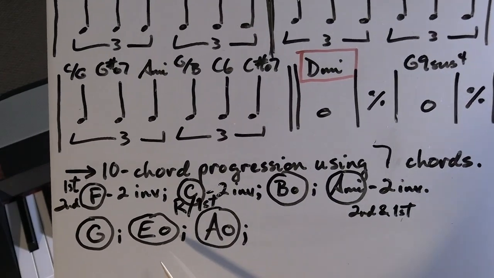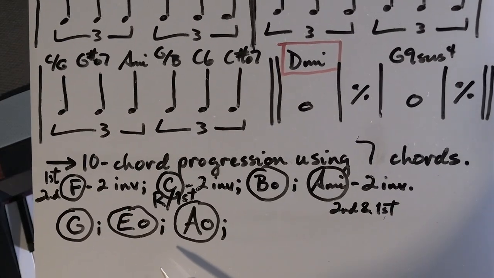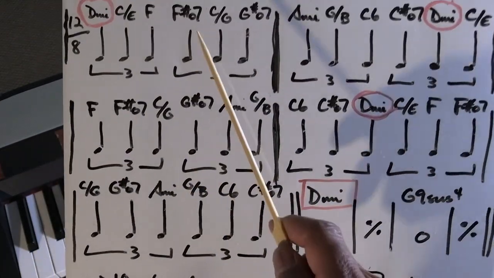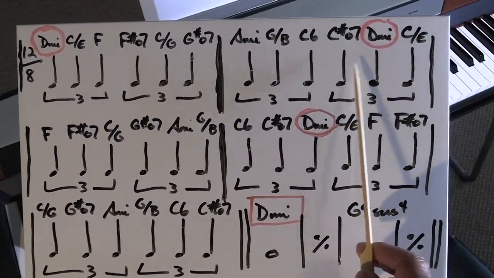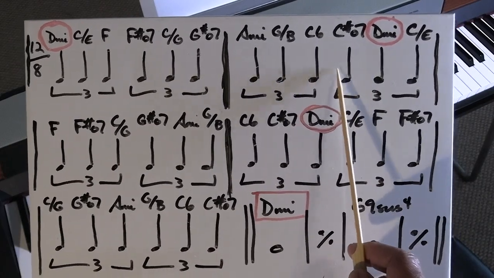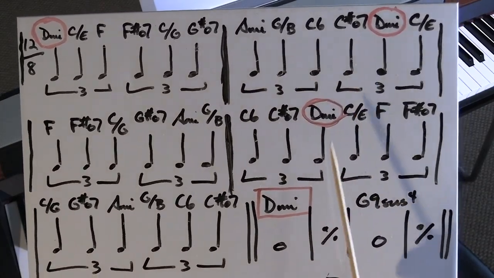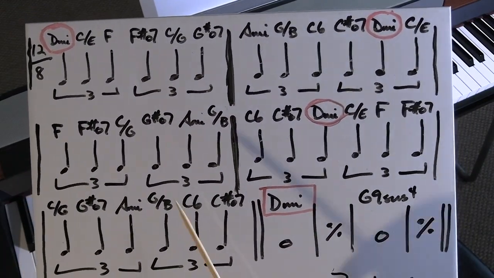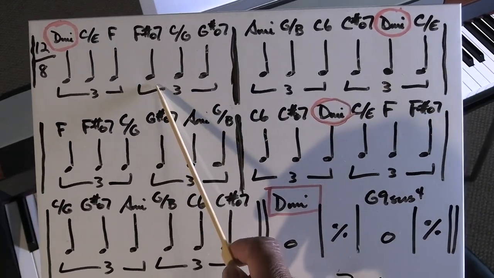The E diminished, of course, is connected to the C sharp diminished chord up here. Right here, coming out of it begins the cycle. So the last chord in the cycle is that C sharp diminished, but there's an E diminished chord that's inverted and used there. The A diminished chord is connected to the F sharp diminished 7th chord.